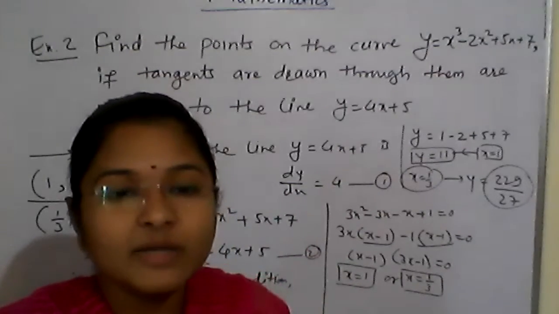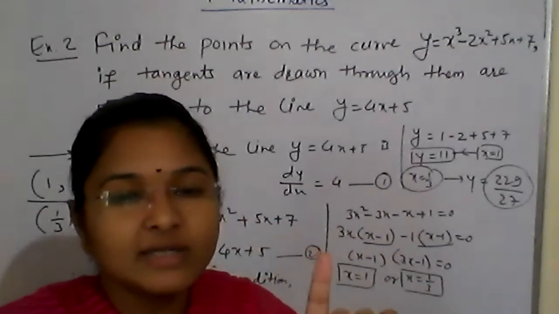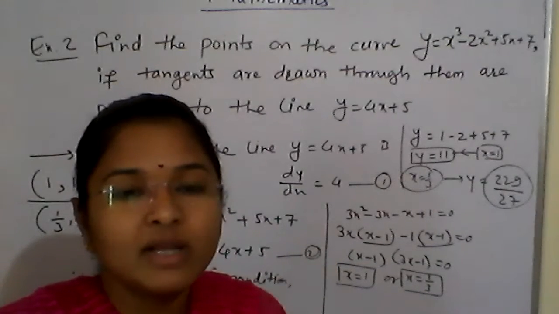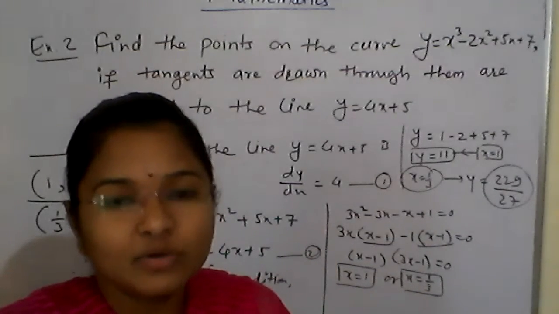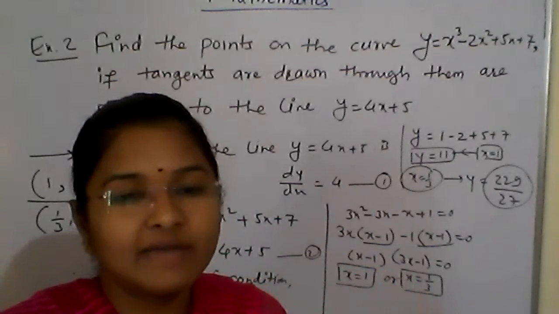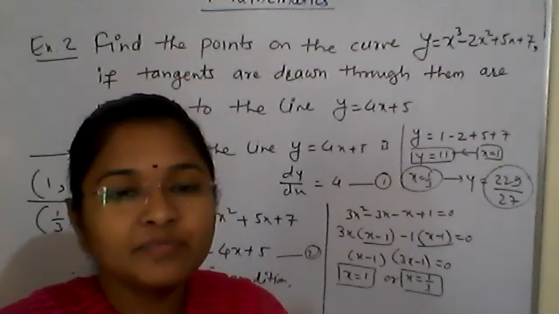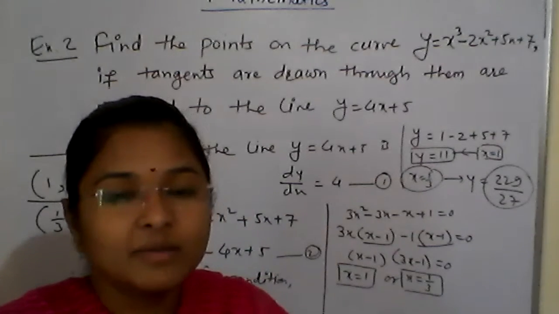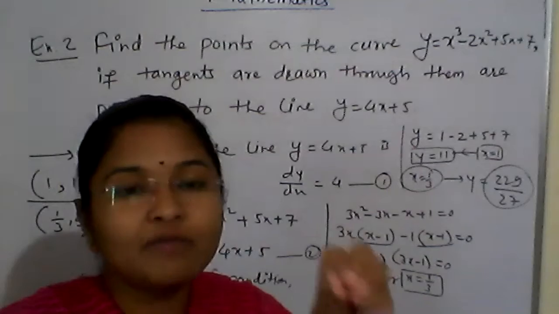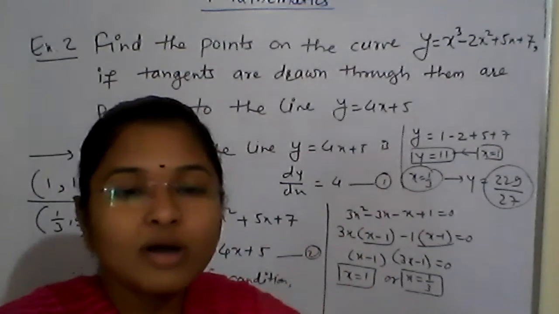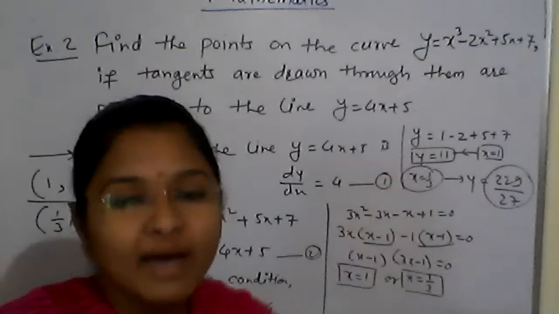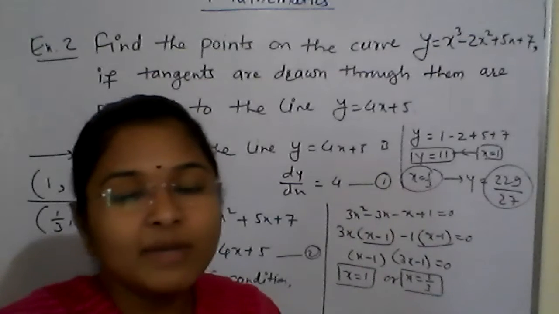Now, how to write the equation of tangent and equation of normal at a given point, that we studied in the last lecture. Now here we can find the points on the curve or line, they will be perpendicular or parallel to the tangent. Why perpendicular and parallel?